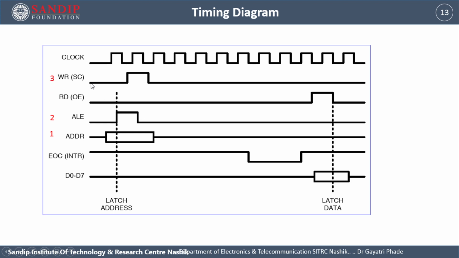Next, the microcontroller requests the ADC to start the conversion by making this particular pin high. That is the start of conversion. So here, after latching the channel, a request is sent from the microcontroller to the ADC to start the conversion.